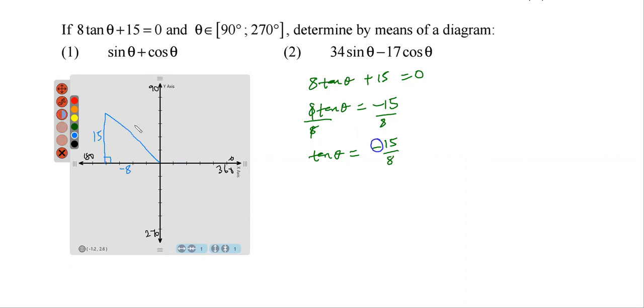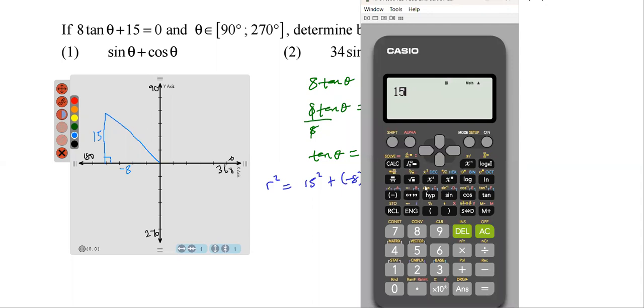Now we can look for the third side using Pythagoras. So let's look for the third side, which is our hypotenuse. Our hypotenuse is r. You know that r squared is going to equal 15 squared plus (-8) squared. We put that in brackets. So what do we get there? 15 squared plus 8 squared gives 289.